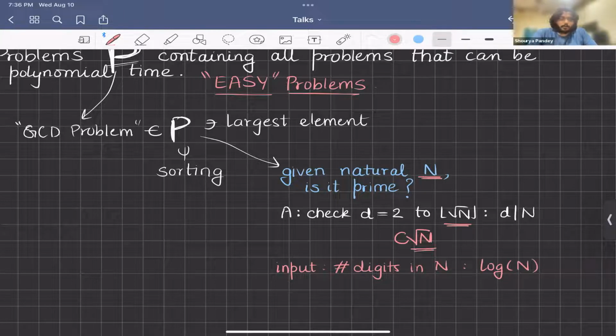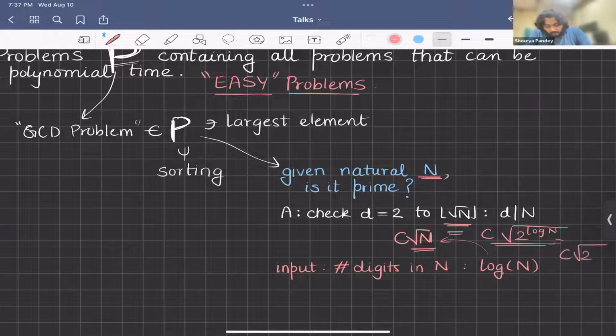The square root of n is not polynomial in log n. It's actually exponential in log n. So this is c times root of 2 raised to log n, or 10 raised to log n, depending on what the base is. So this is not polynomial, because this is the input.